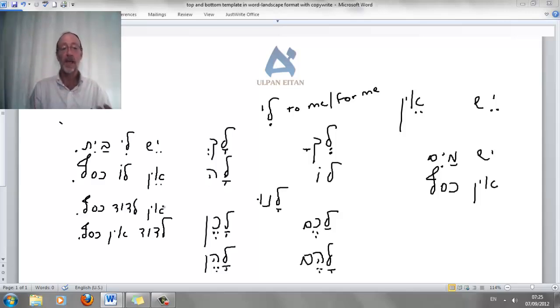So if I want to say David doesn't have money, ein leDavid kesef, or leDavid, to David, ein kesef. The word order isn't so significant, but it's very important that you remember that when you want to express possession, one must have this relationship between yesh or ein and one of the components of the Li chart.